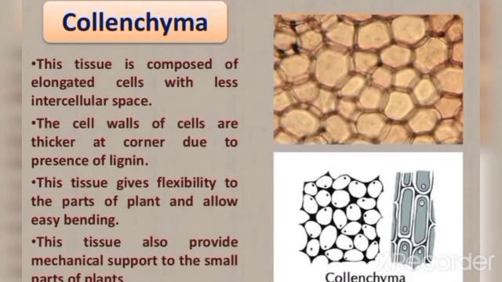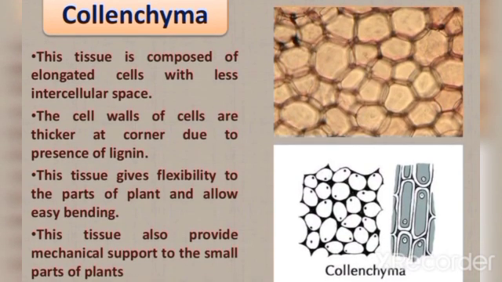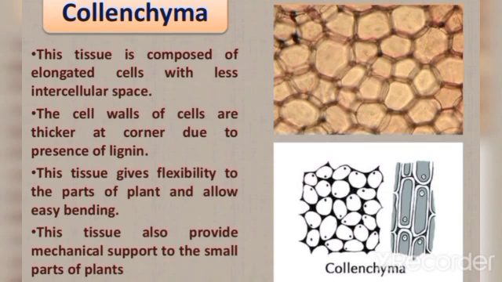Now children, the second type of simple permanent tissue is collenchyma. Collen is taken from a Greek word, kolla, that means glue. These tissues also consist of living cells.